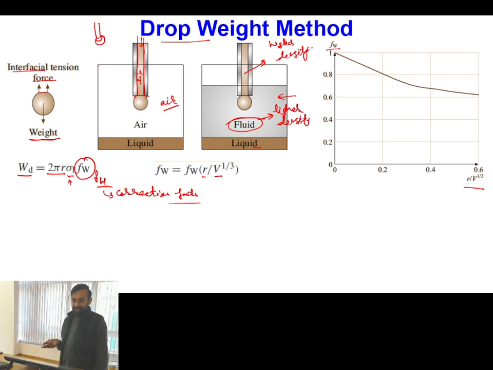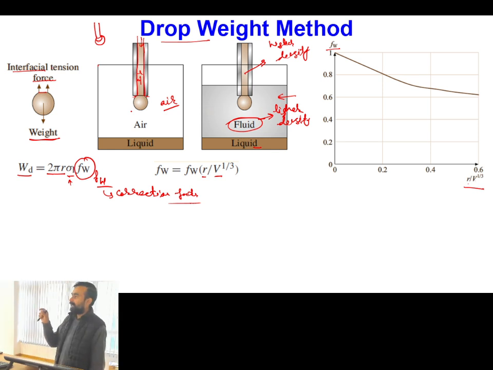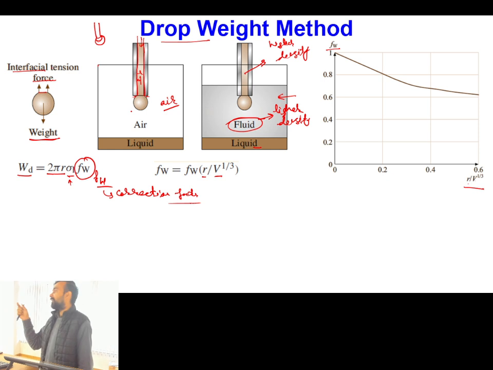So using this method, of course, measuring the weight of a single drop will always be difficult because it will be very small, and the weight measurement will not be precise even if you take a weight measurement system with sensitivity up to micrograms.